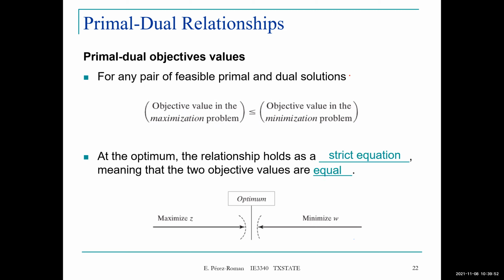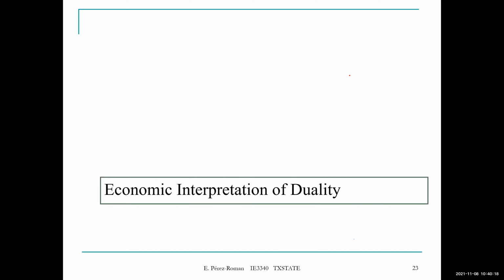So if you have an original linear programming model, you're maximizing, and you're minimizing the dual, the optimal solutions will meet in the middle and it's going to be the same. So solving one problem will give you the same objective function value for the other one. But the decision variables are going to be representing something different. And we're going to talk about that on Wednesday.